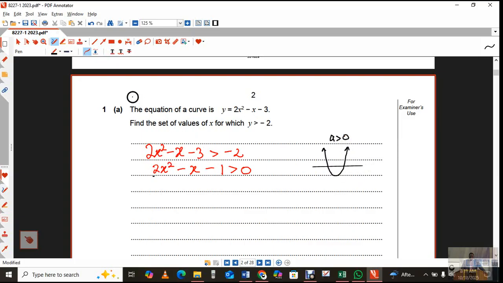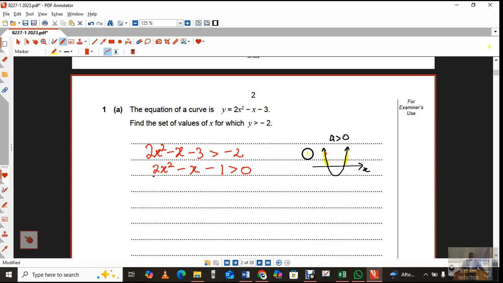Saying that the function is greater than 0 requires that the function is above the x-axis. This is the x-axis, so the values we are looking for are going to be this range.